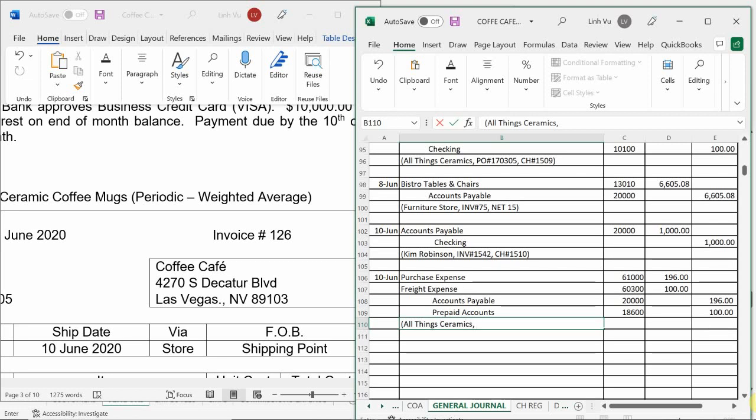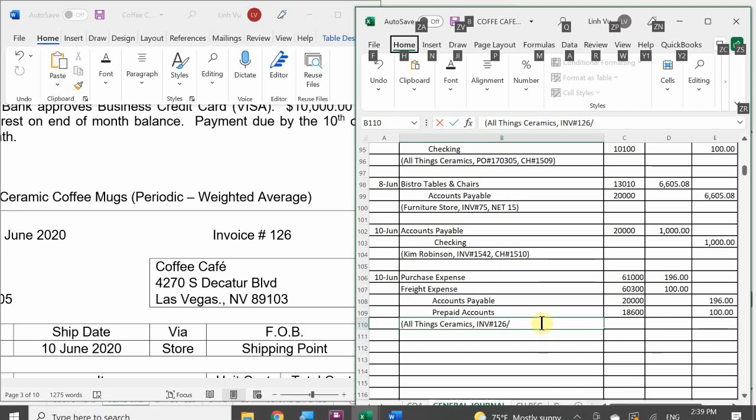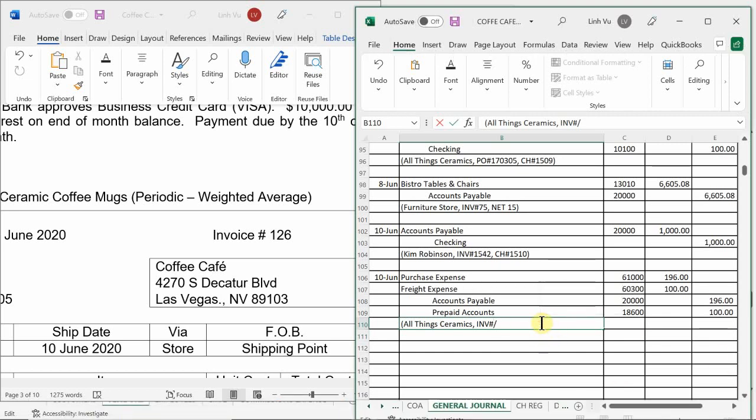What invoice? 126. I was billed with the invoice number 126. Okay. In this case, I was also given terms. What were my terms?